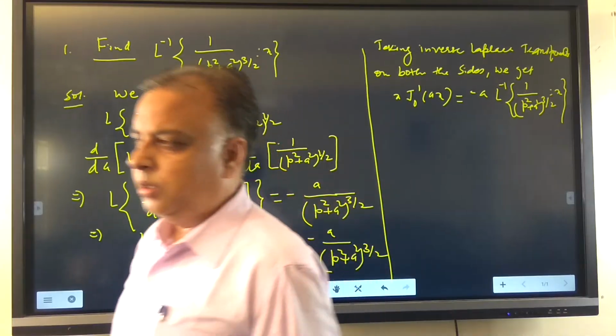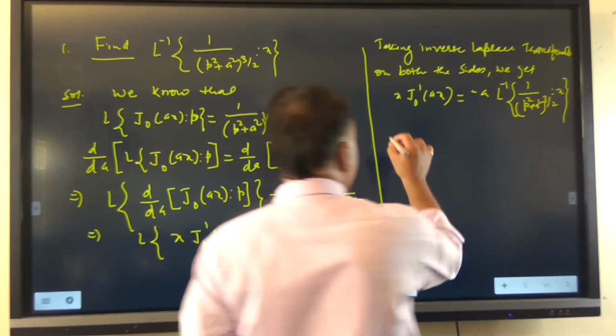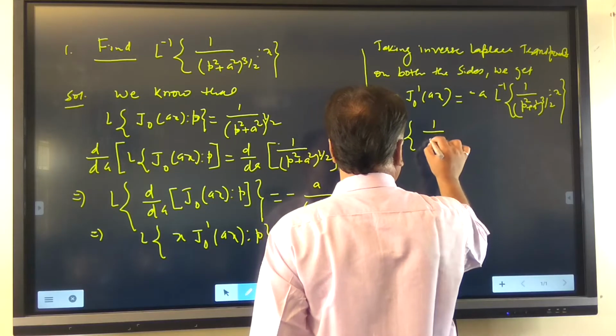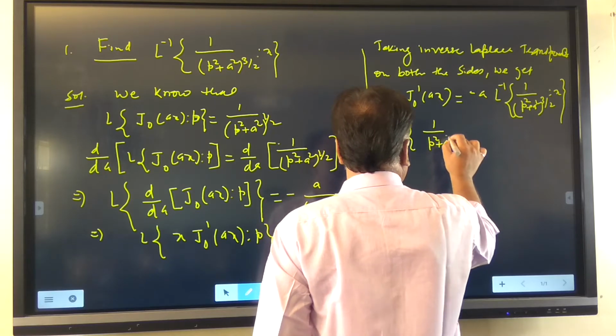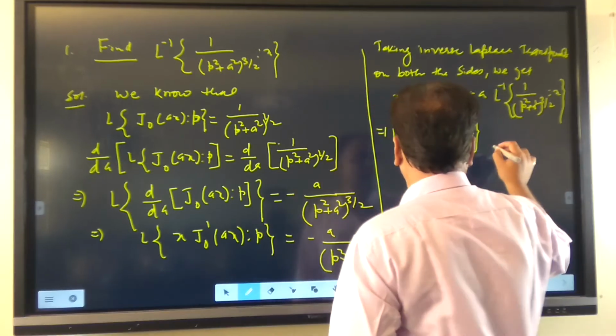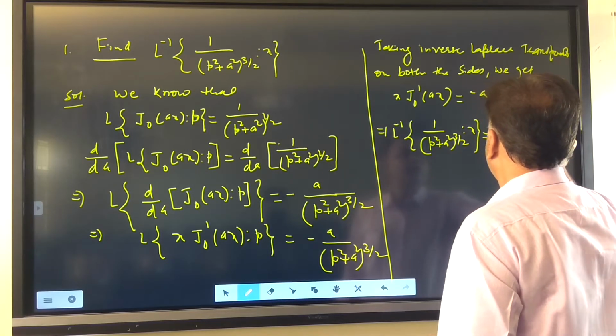So here we get the inverse Laplace transformation of 1 upon (p square plus a square) whole raised to 3 by 2 with respect to x equals minus x upon a J0 dash (ax).